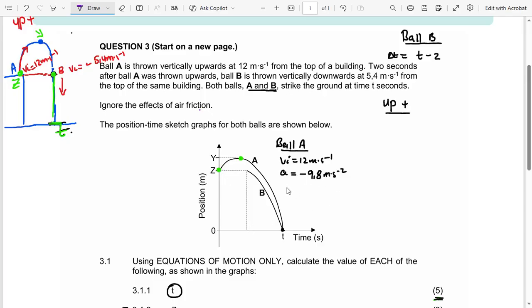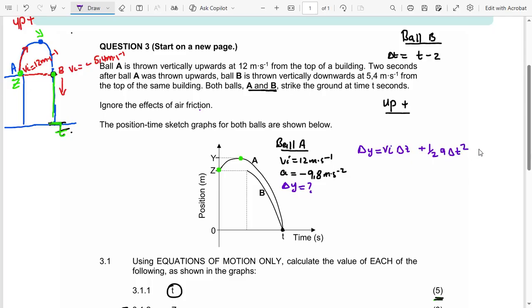So I'm going to use the formula that has delta y, even though I don't know what delta y is, and I'll explain why I'm choosing that formula. You go to your formula sheet, you find delta y equals v initial delta t plus 1 over 2 a delta t squared.